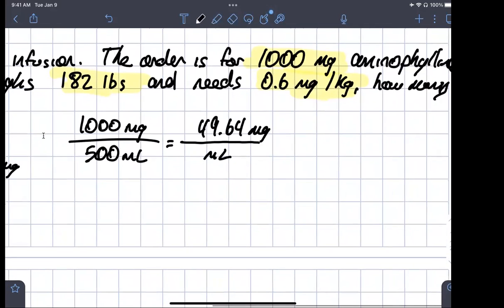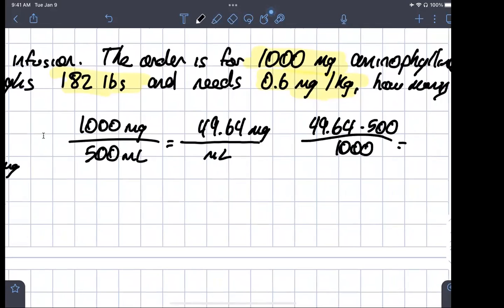So you will do, so you get 24.82 mil. And that is the correct answer.